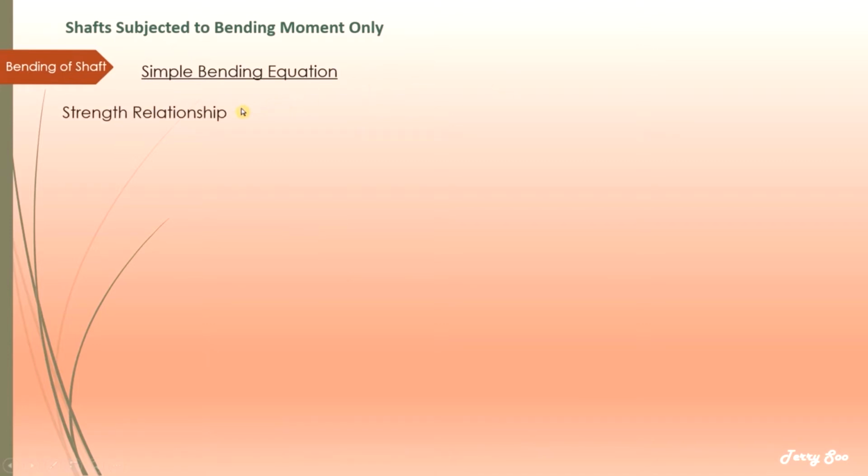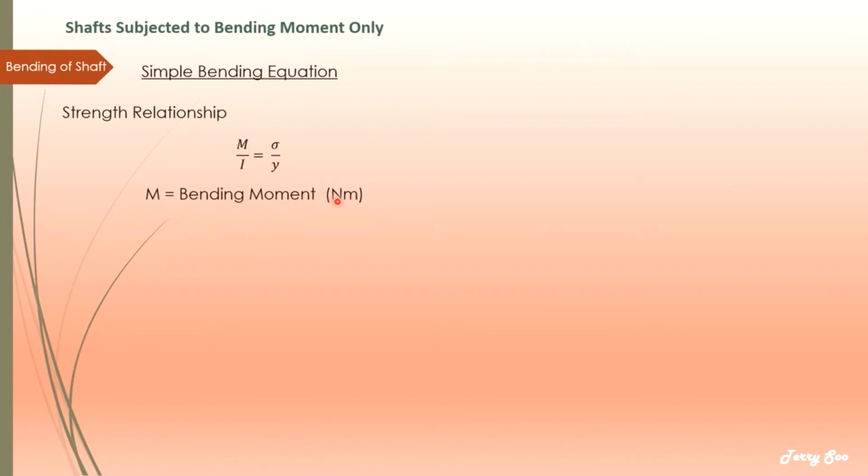Okay, so we have the strength relationship. The strength relationship consists of M, which is the bending moment, and I is the moment of inertia, and sigma here is the bending stress, and Y is the vertical distance from the neutral axis.